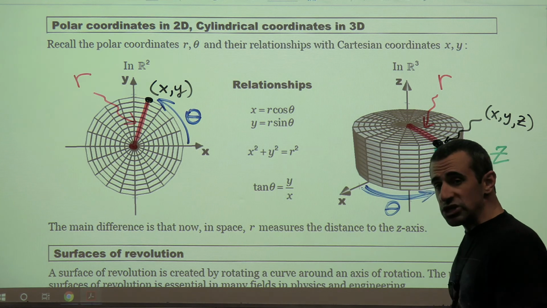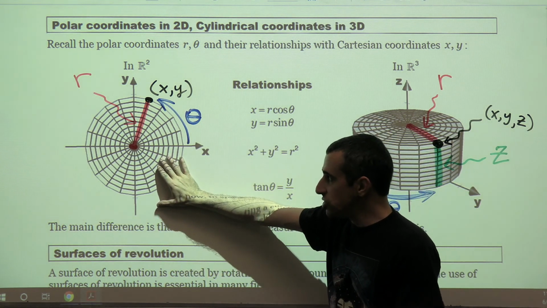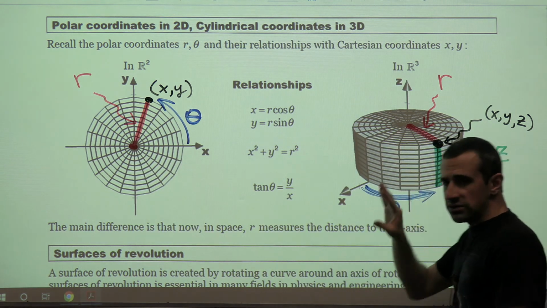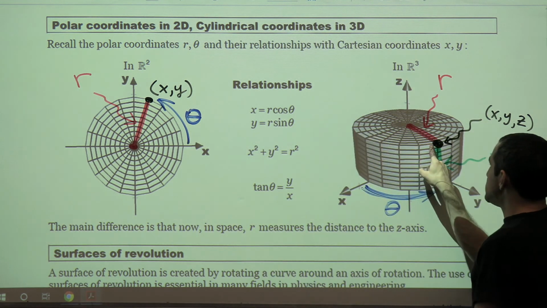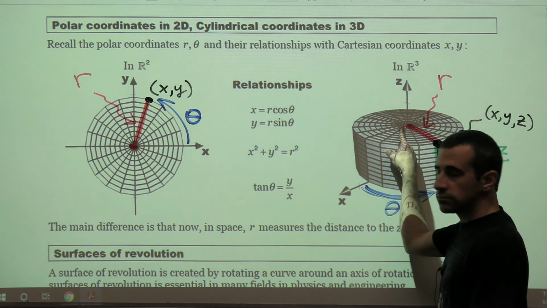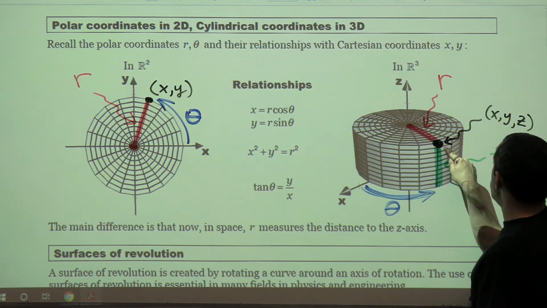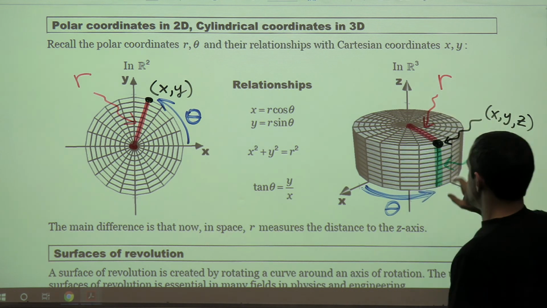So one thing to watch out for is that in the xy plane, r measures distance to the origin. But when you're in space, r doesn't literally measure distance to the origin. It measures distance to the z-axis. Distance to the origin in general is going to be greater. The distance from the point xyz to the origin is usually greater than r in space.